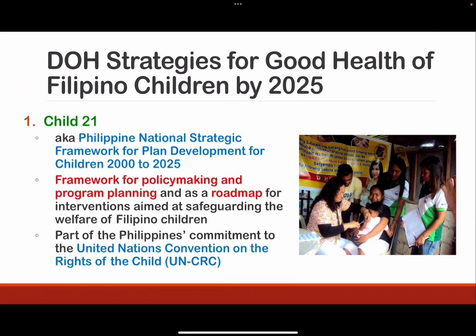There are also DOH strategies, or health programs, for the good health of Filipino children by 2025. Number 1, Child 21, also known as the Philippine National Strategic Framework for Plan Development for Children 2000 to 2025.